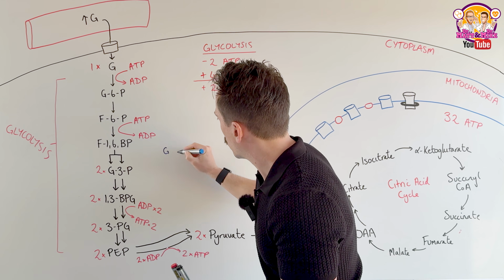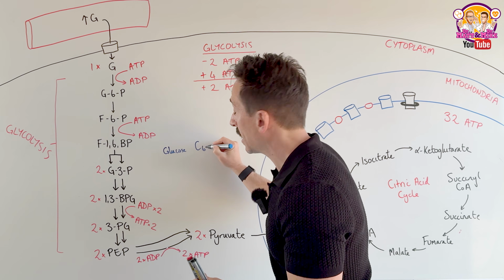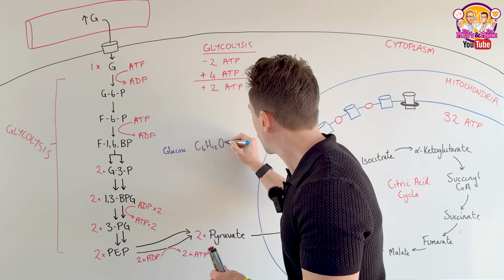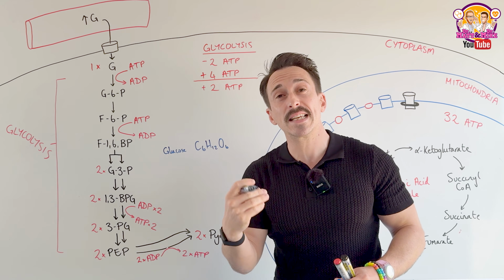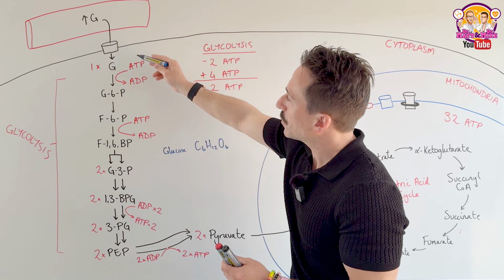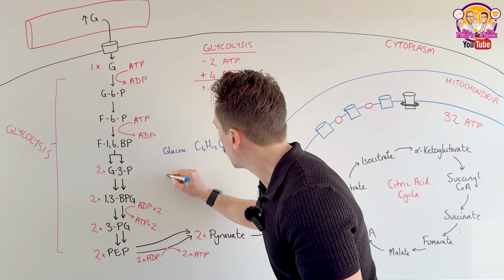So glucose. Glucose is made up of 6 carbons, 12 hydrogens, and 6 oxygens. C6H12O6, that's the chemical formula of glucose, right? Now, after all this to create 2-pyruvate, what is pyruvate?